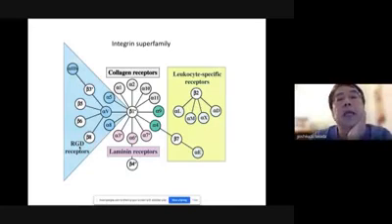And then many different cell types express different integrin patterns. They have at least one integrin, in different combinations.